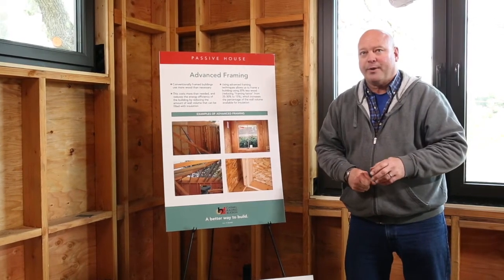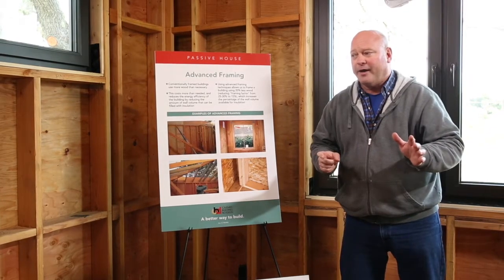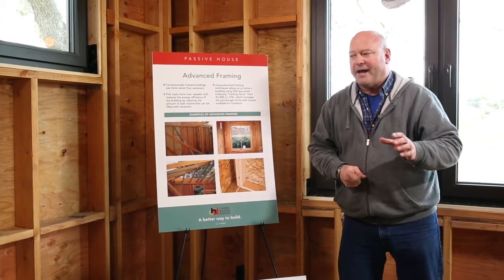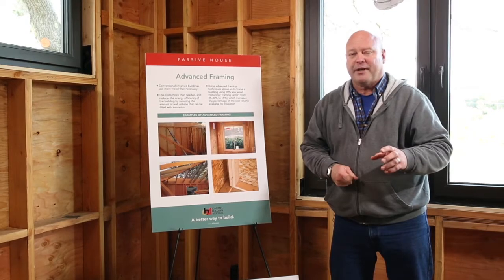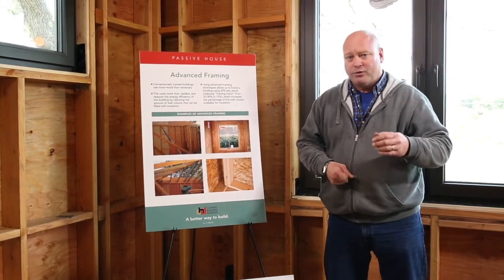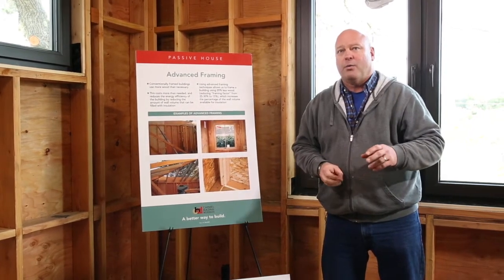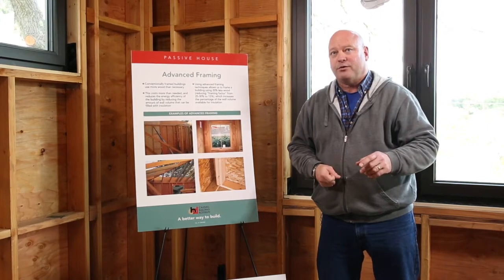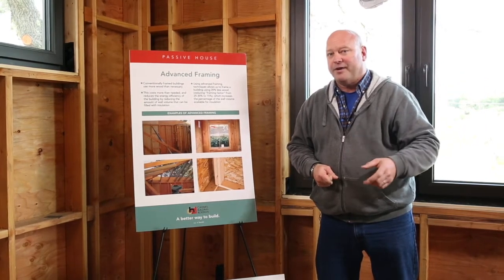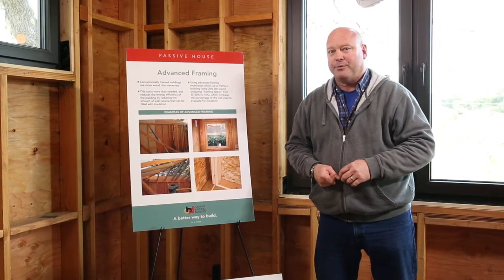A metric we use is that in a conventionally framed building, in aggregate, you're going to have about a 25 or 30% framing factor, and that means of the area of the exterior walls, 25 or 30% is actually going to be filled up with wood. What we're trying to do with all these different techniques is drive down the percentage of the exterior walls that are filled up with wood.